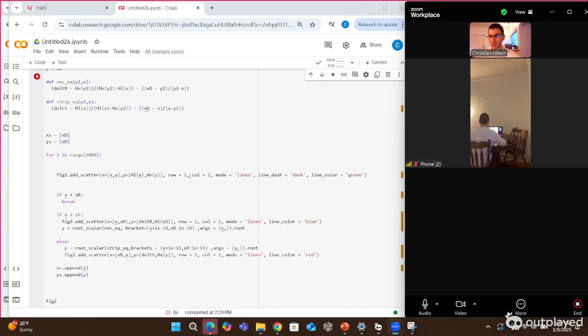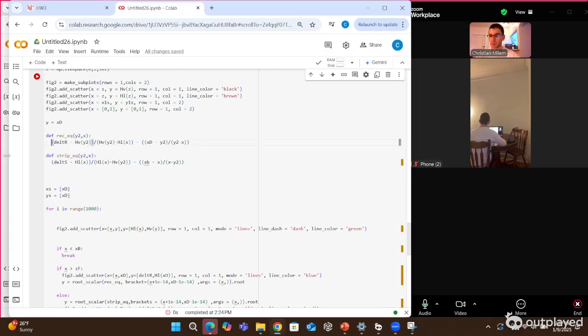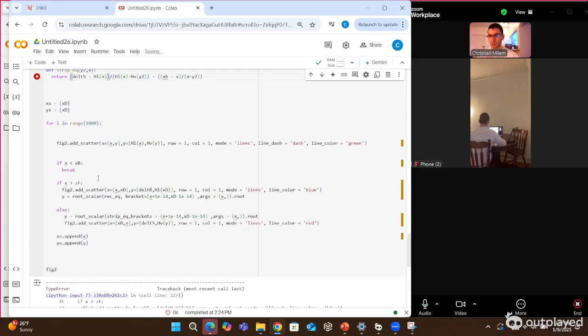Okay, found out what happened. I completely forgot to actually return anything out of here. So we defined our equations, but we did not return it, so no wonder the root scalar is not working. Also, there were a few mix-ups that I need to fix.